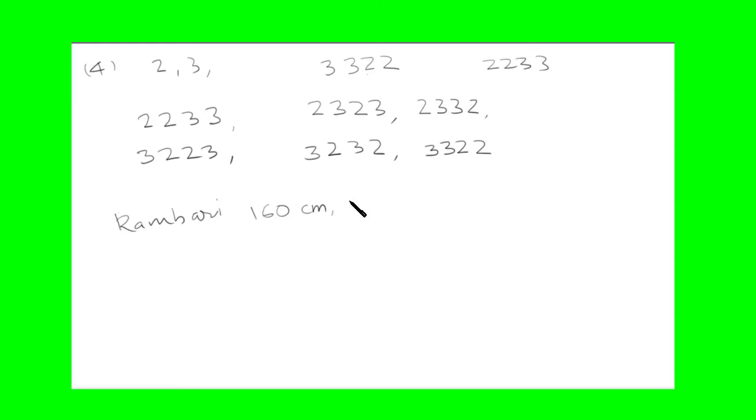Dolly, 154 centimeter. Mohan, 158 centimeter. And Shashi, 159 centimeter.